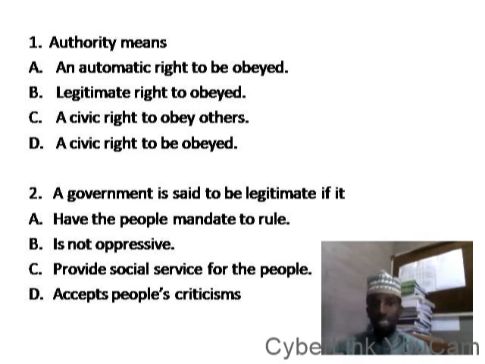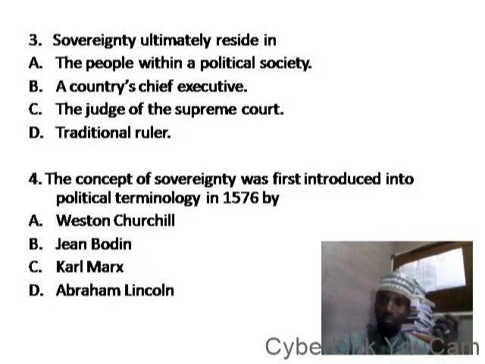Looking at the question, you will agree with me that option A is the correct answer. When people recognize you and accept you, that is when they give you the mandate, the authority to rule them. So the correct answer to the question, because we don't want to waste much of our time, is A.